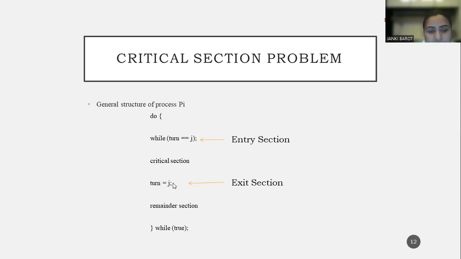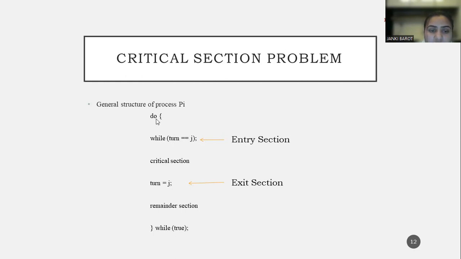It will change the value of the J variable. So what will happen? It will automatically exit the critical section and give the sign to another process that now you can enter. It will automatically change the value, right?